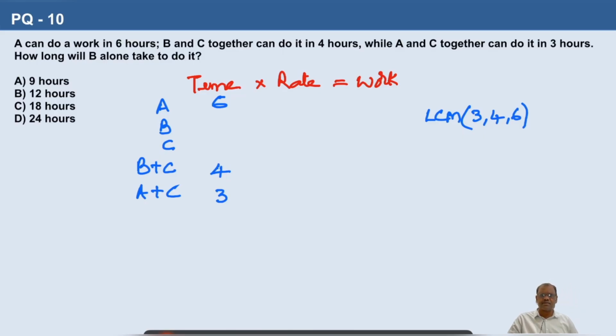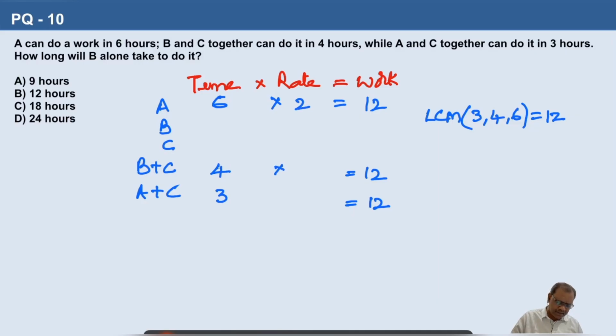The biggest number 6, its second multiple is 12. 12 is divisible by both 3 and 4. So that is the LCM. If you take 12 as a total work, 12 units. 12 is divisible by 6 2 times, this is 3 times, this is 4 times.